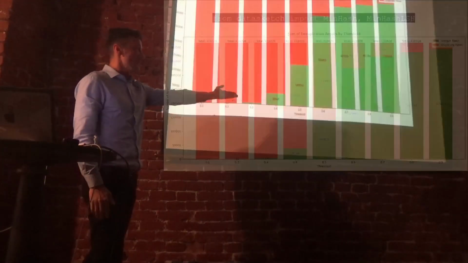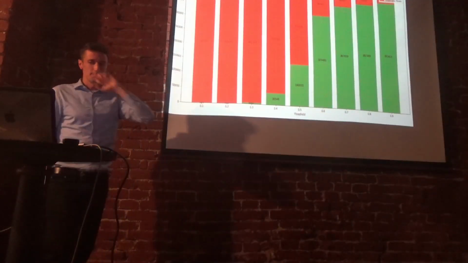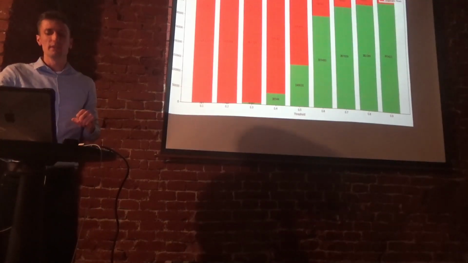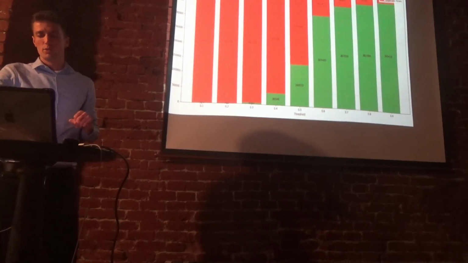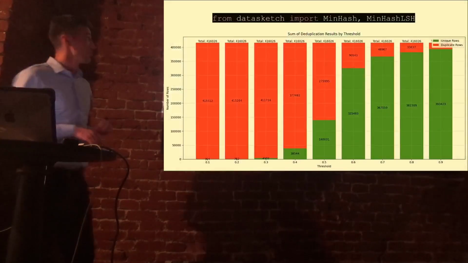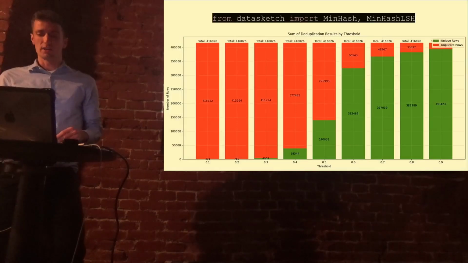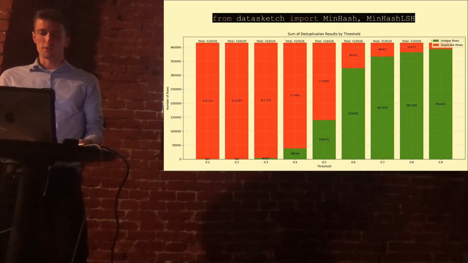When I tried to train a neural network with a threshold of 0.55, which is basically half of the data, it got the same results with balanced accuracy.